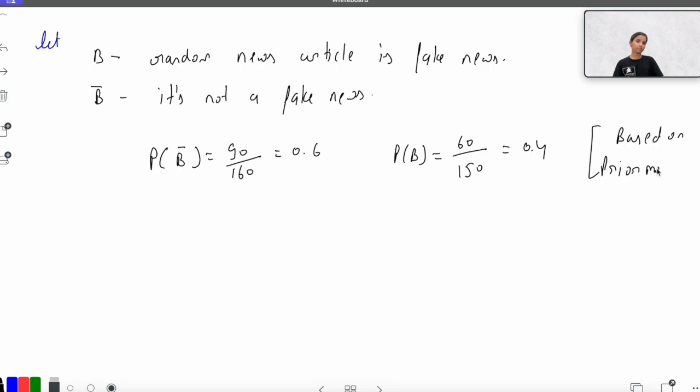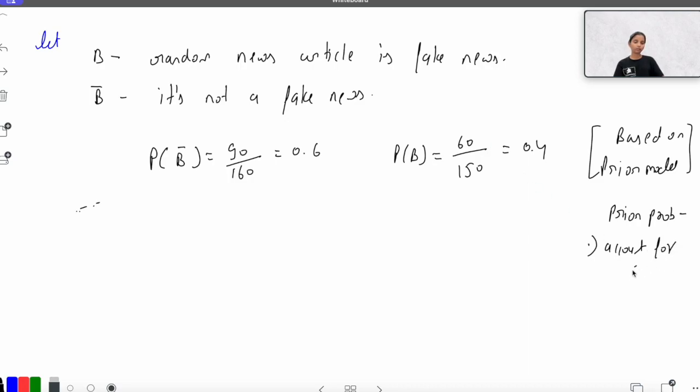Why am I saying this is a prior model? Because the prior probability that we have framed for B and B complement is a valid prior model. If you remember, for a prior probability function, what are the required things? First, it should account for all possible events. Yes, here we are accounting for all possible events: articles will be fake or real.